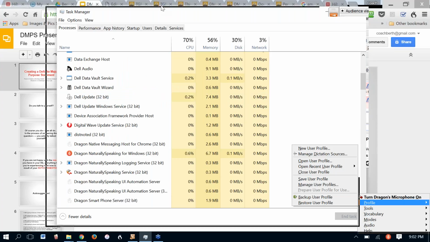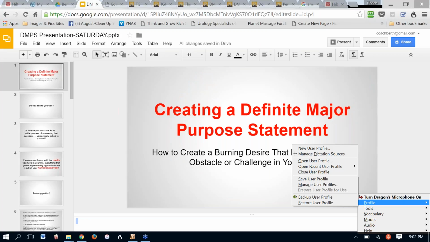Okay, I'm sharing my screen. Let's see what you're seeing here. Everybody can see my screen now. Can everybody see the screen?